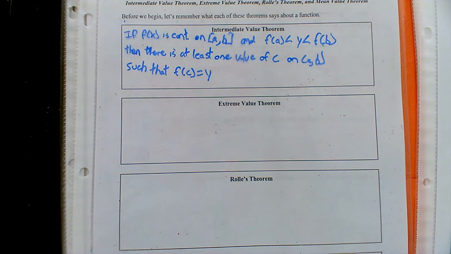Does anybody remember the application we applied this to? We didn't say y necessarily. What did we use? Some of the problems we talked about, we used something else instead of y.